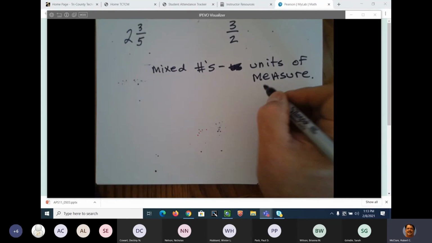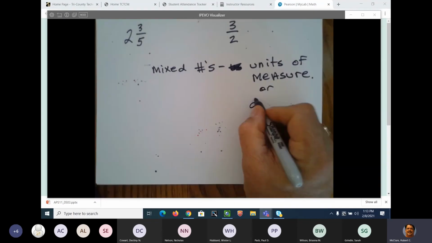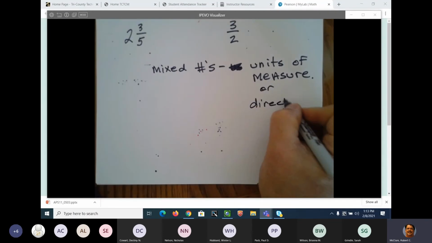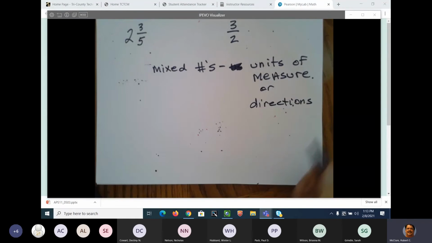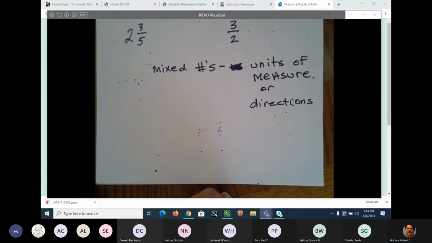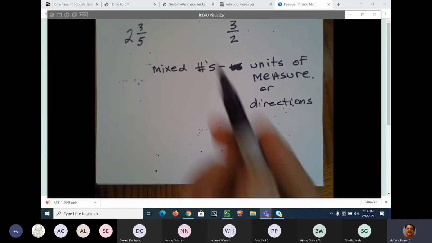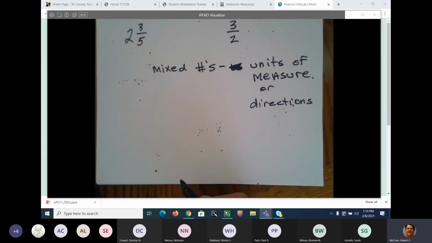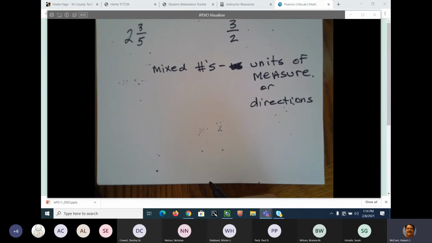And the directions ask you to put it in terms of mixed numbers. That's the only reason we have them. Because nobody ever walks into a, I don't know, store and asks for 3/2 feet of rope. But you will ask for 2.5 feet of rope. But nobody's ever going to ask for 3/2 feet of rope.